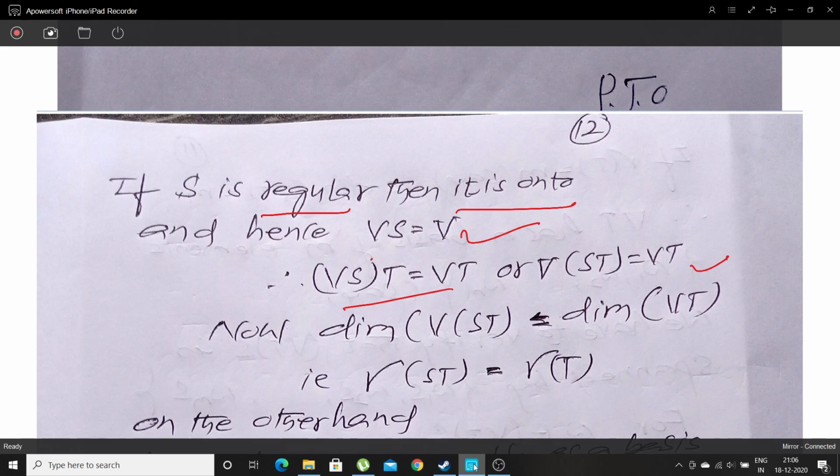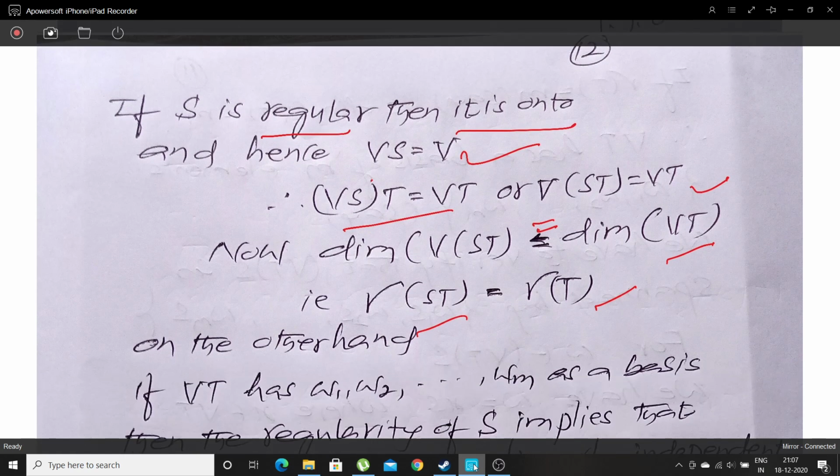Grouping, taking dimension on both sides, that is, the dimension of V of St is equal to the dimension of Vt. The dimension of V of St means rank of St is equal to rank of T.